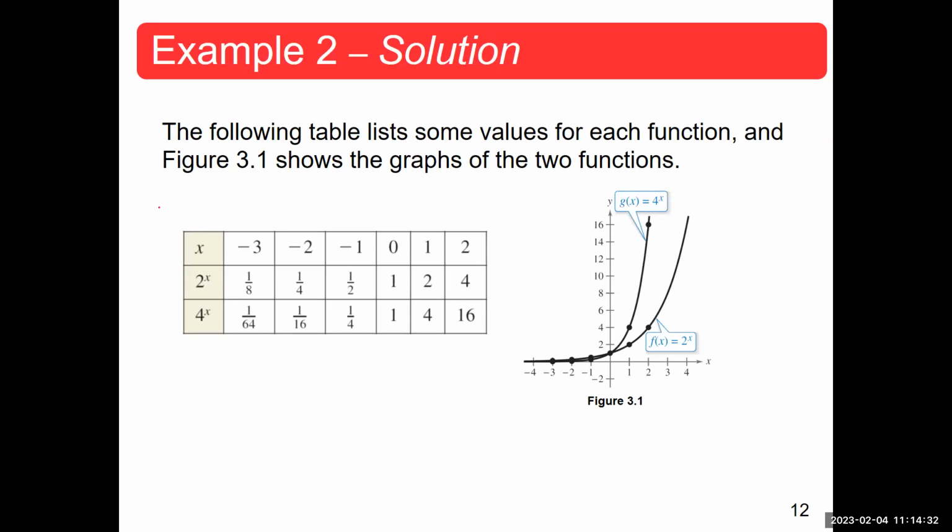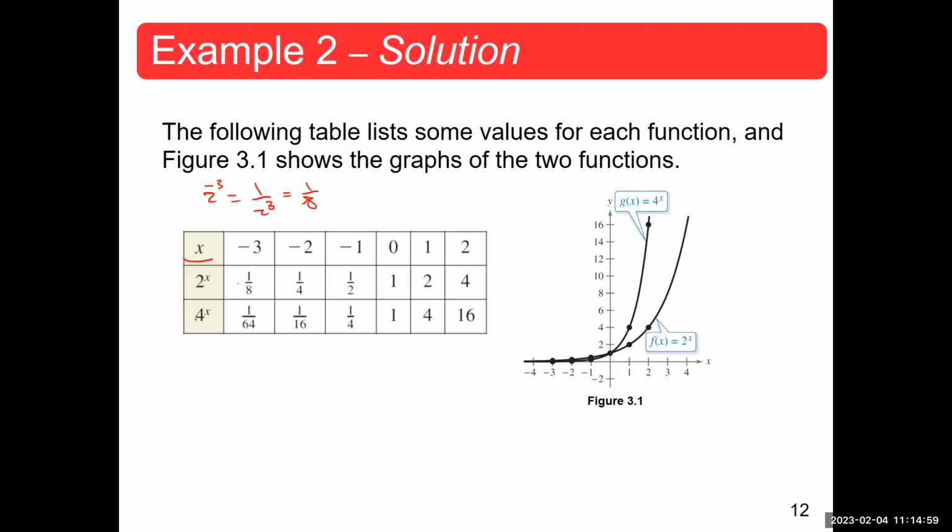We make the table. This x value, negative 3, negative 2, negative 1, 0, 1, and 2. If we plug 2 to power x, remember, we said 2 to power negative 3, that's equal 1 over 2 to power 3. That will give you 1/8. That's where we got the 1/8 from.